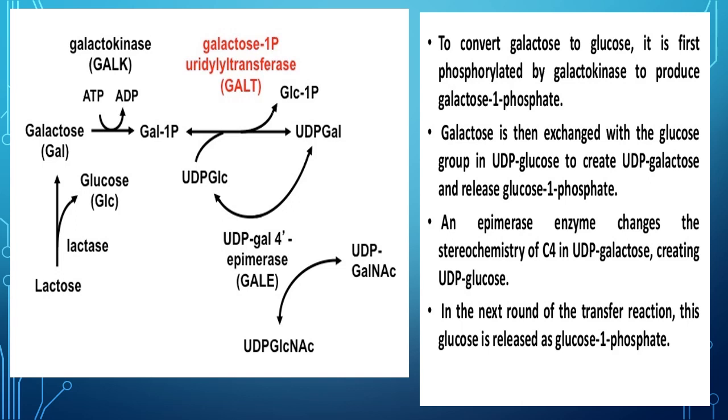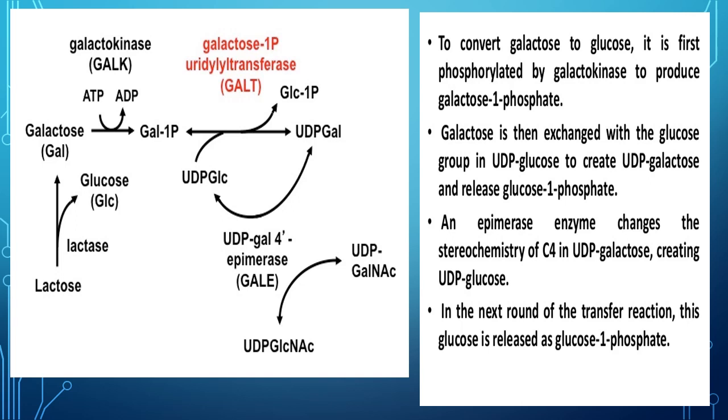Galactose, which is released from lactose by lactase, will combine with magnesium ions, utilizing ATP, and with the help of galactokinase enzyme gets converted to galactose 1-phosphate.